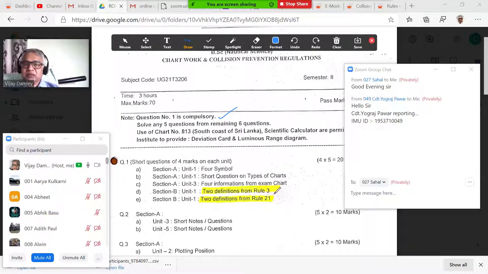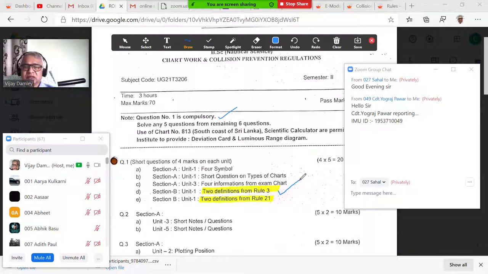So rule number 3, which is definitions, you must know completely word by word, a pure, simple, old-fashioned mugging up. You can do it now sitting at home, and ask somebody to check it exactly word by word, without even a deviation of one word, because these marks must be taken.